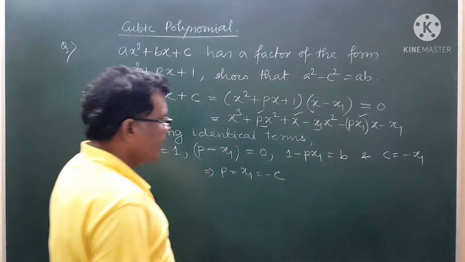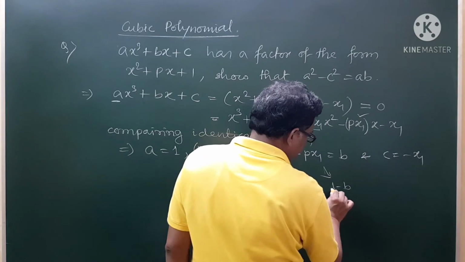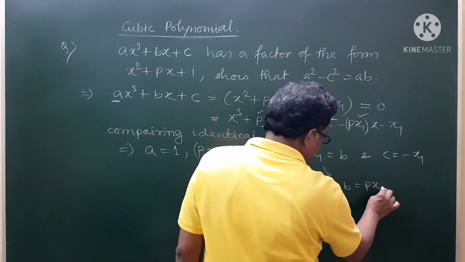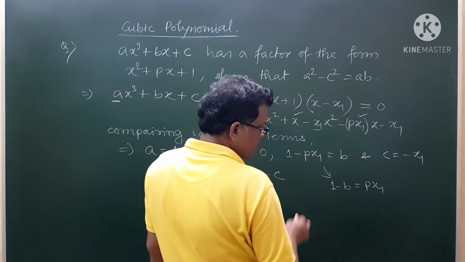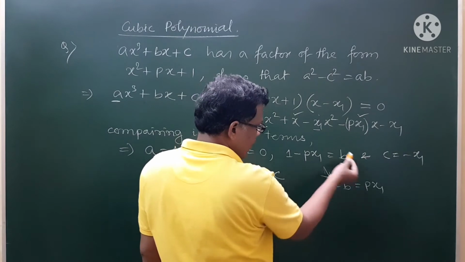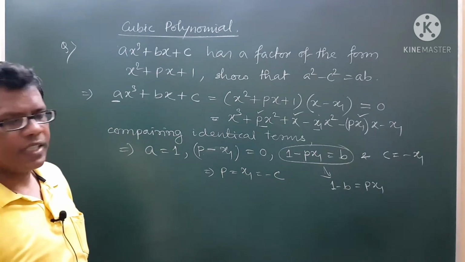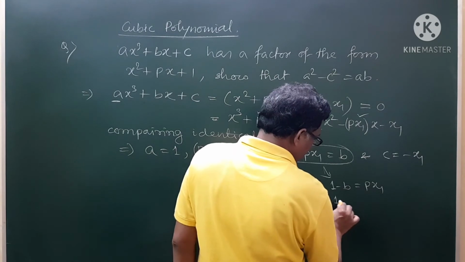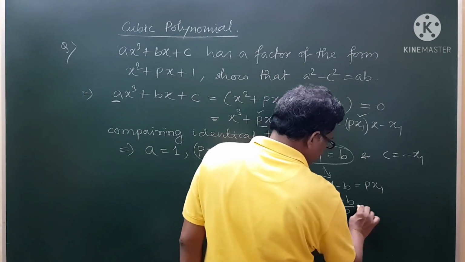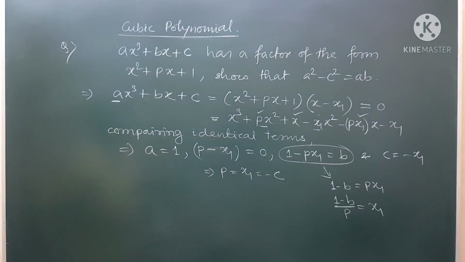And again you can see from this part I can write down 1 minus b is equal to px1. Taking b to this side and px1 to RHS, from this relation I can write down 1 minus b is equal to px1. So from there can we write down 1 minus b by p as the value of x1? So these are the values of x1 that we can get.